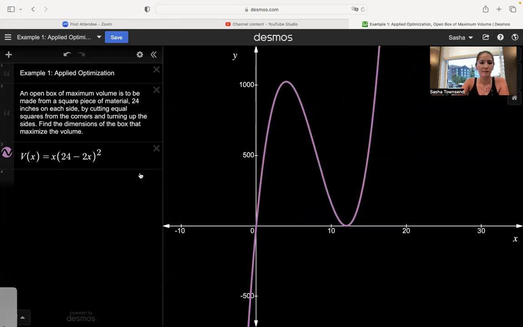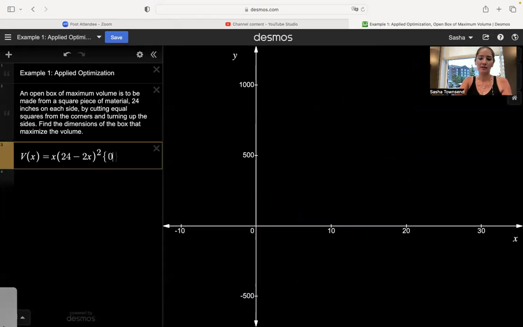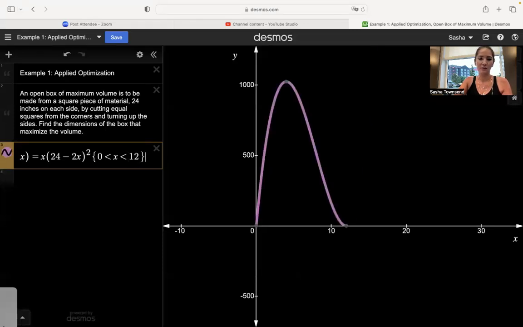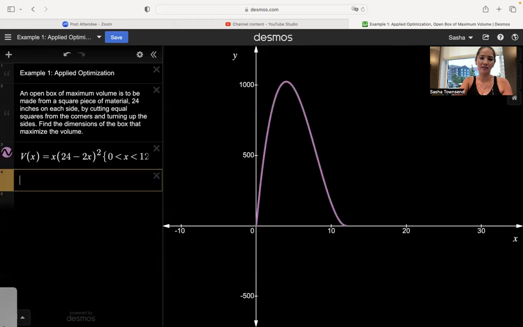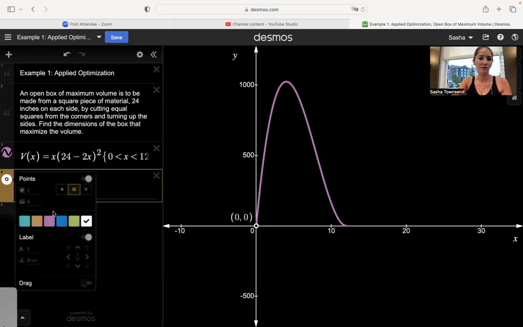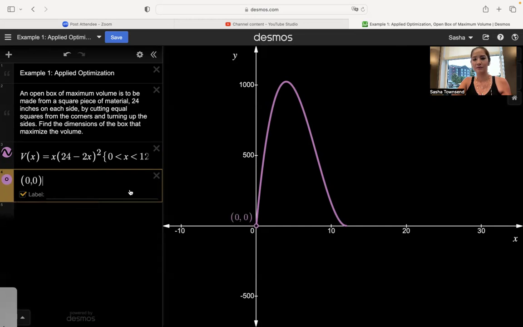Now, the feasible domain was actually all x values between 0 and 12. This is what we have, and actually v of 0, and the corresponding y value 0 should probably be an open circle there, because if x equals 0, then we don't have a box.